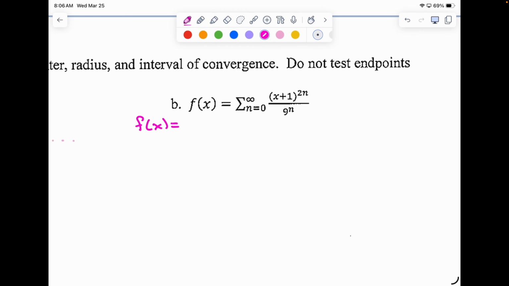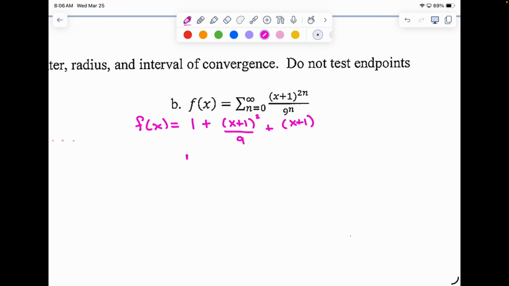So the function that I'm working with, when n is 0, anything to the 0 is 1. So my first term for this one is going to be 1 over 1, or just 1. When n equals 1, I have x plus 1 squared over 9. Oh, I'm sorry.